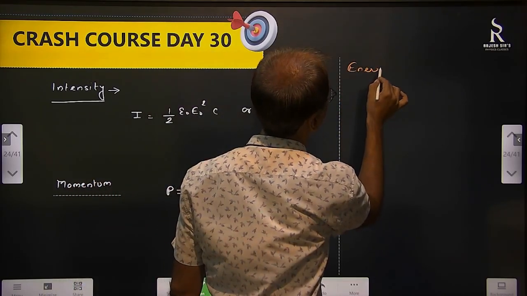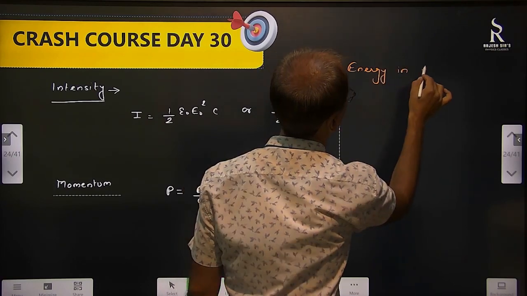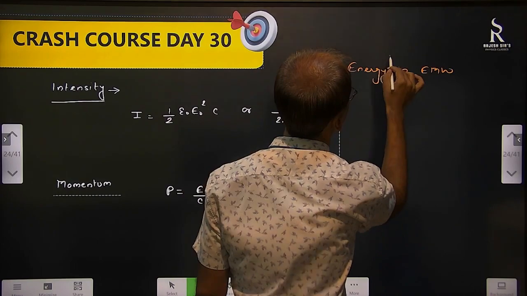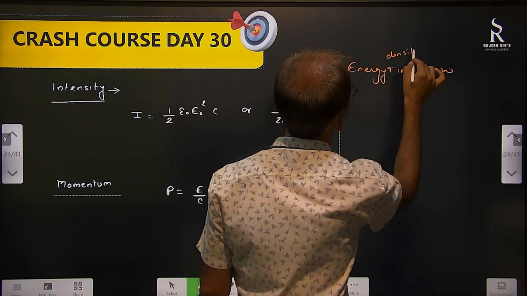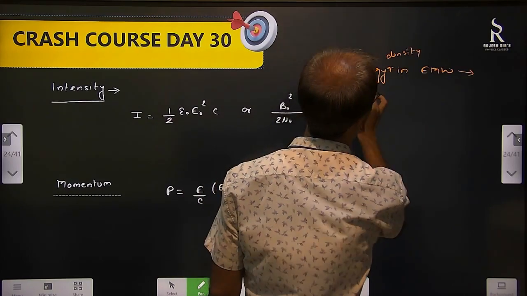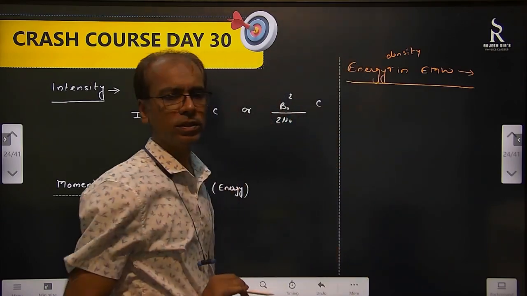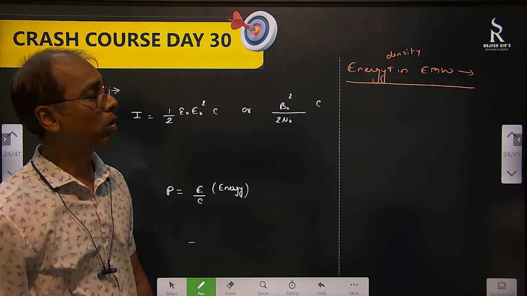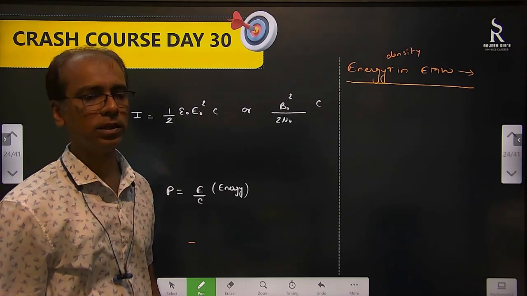Energy in electromagnetic wave, or energy density. In this one, electric form is also there, magnetic form is also there. So on an average, how much is it?